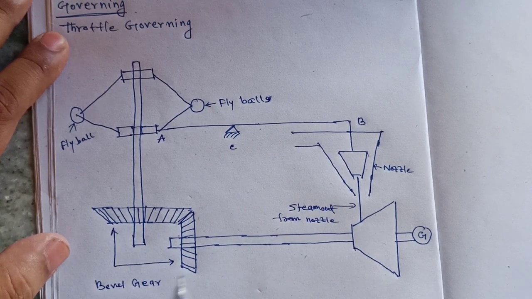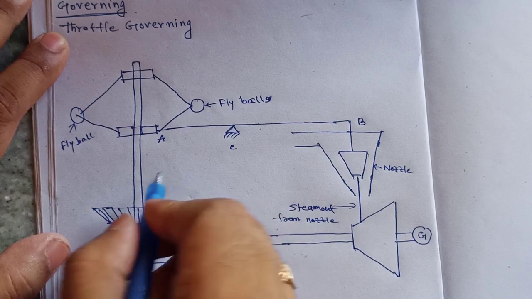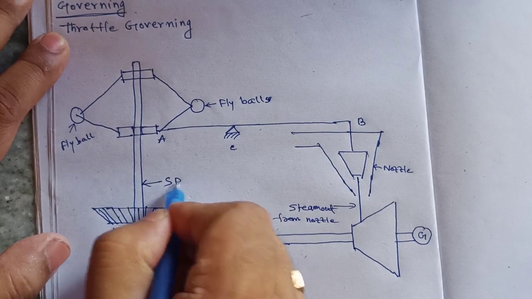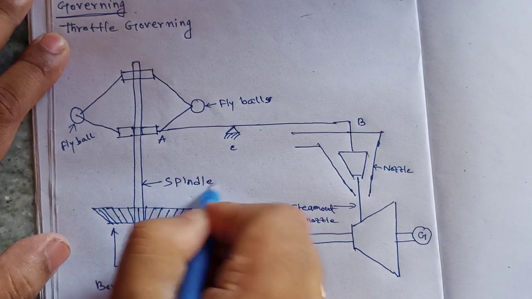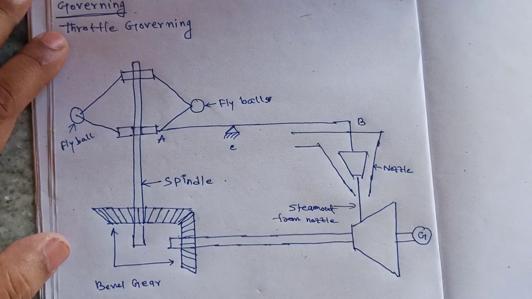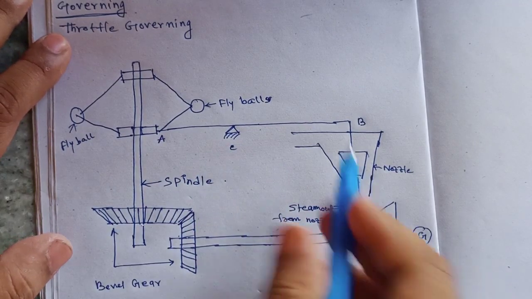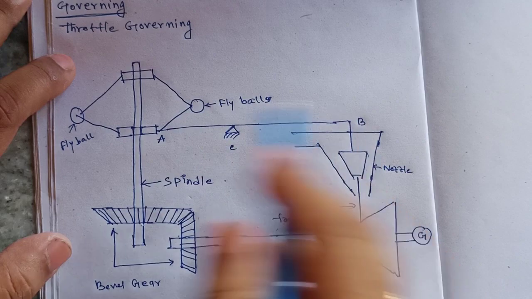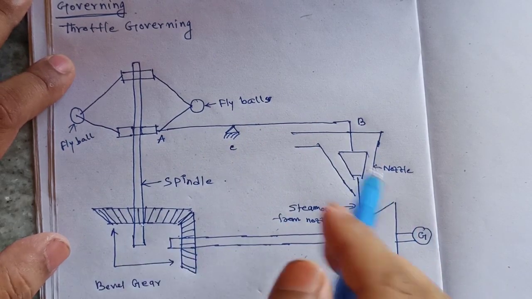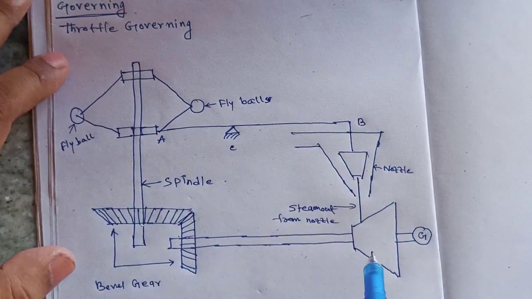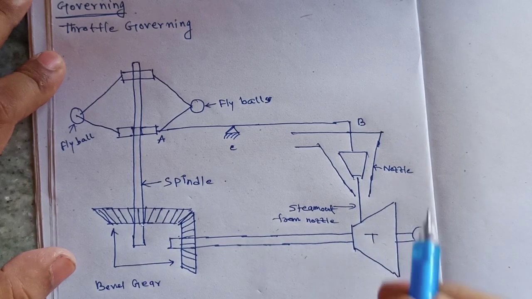Now you can see that this is the spindle. This arrangement is the throttle governing, and this is the turbine.